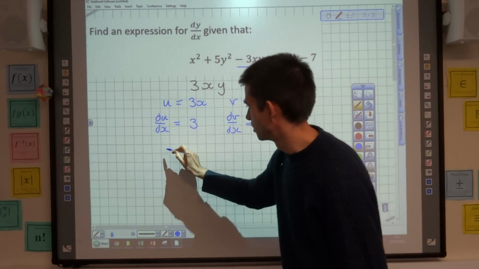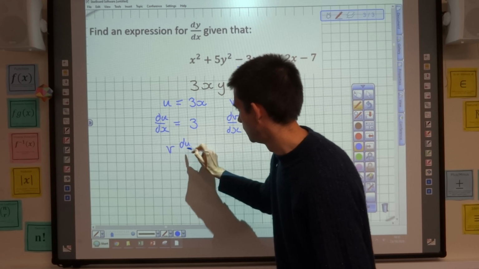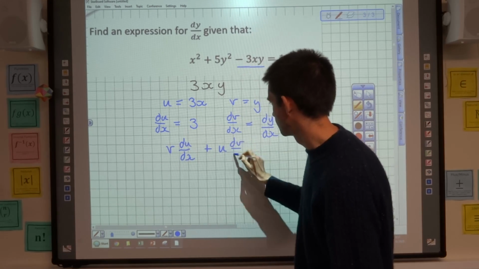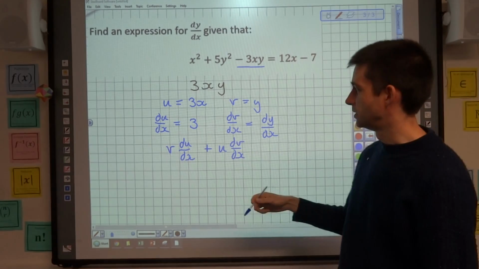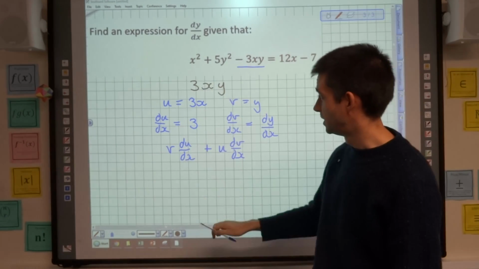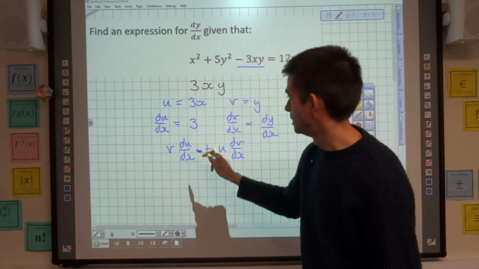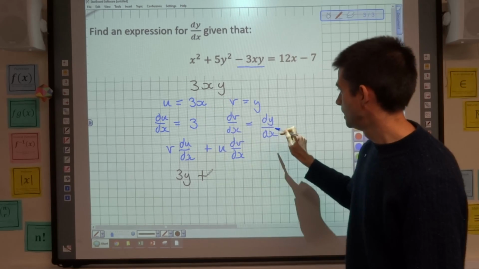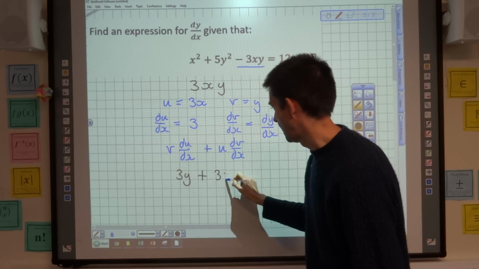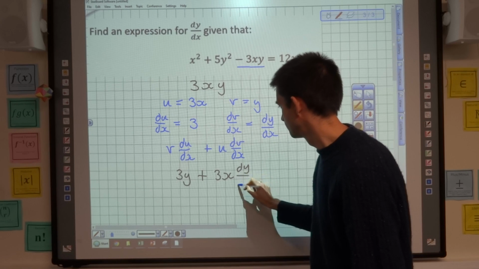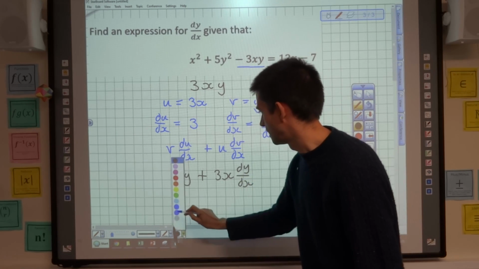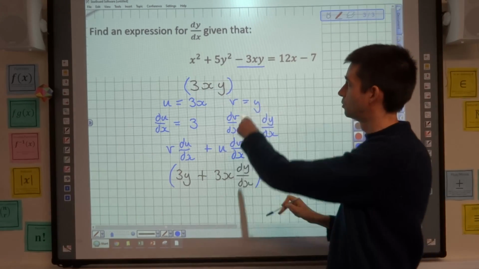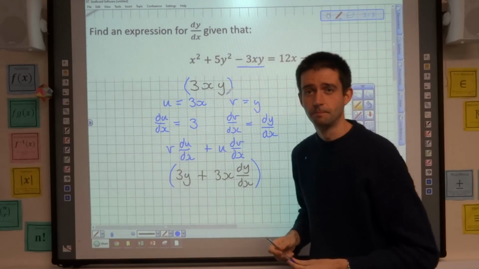So if I'm then using the product rule, which is v du dx plus u dv dx, then I'm going to get my expression for the derivative of this to be v times du dx, that's 3y, plus u dv dx, which is 3x dy dx.